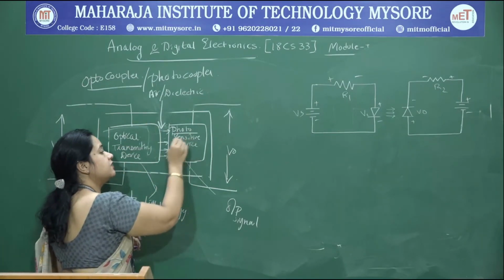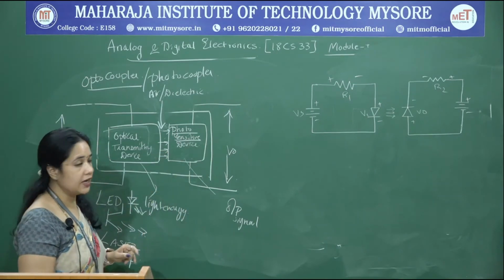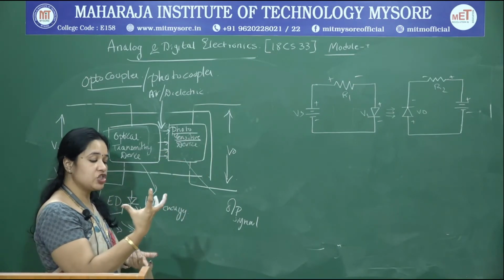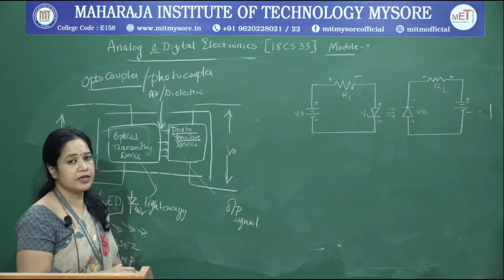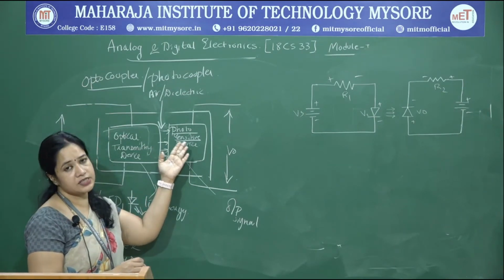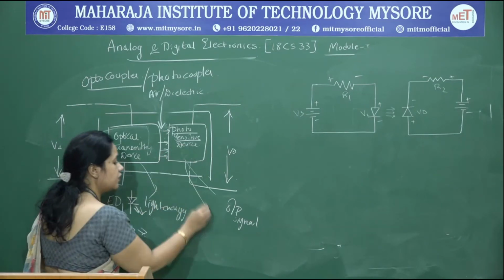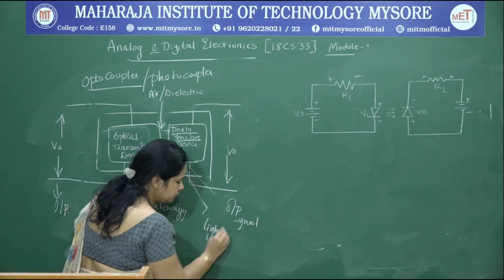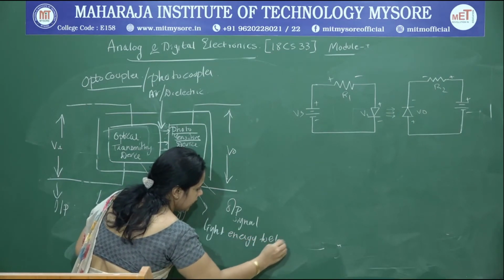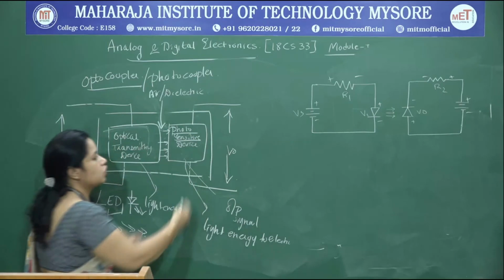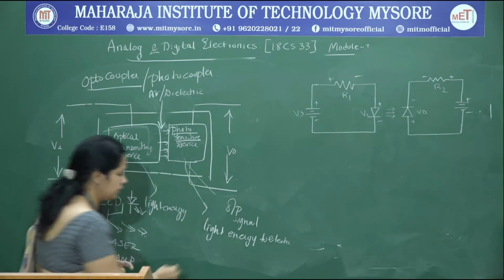And photosensitive devices, as the name indicates, sense the presence of light energy and convert it into electrical energy. So you can think of this as a transducer which converts light energy to electrical energy.